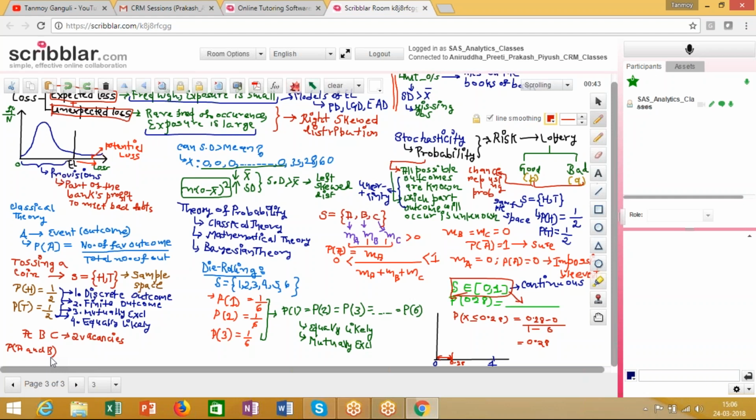So, say for example, the probability of individual candidate A to get the job is 2/3, right?